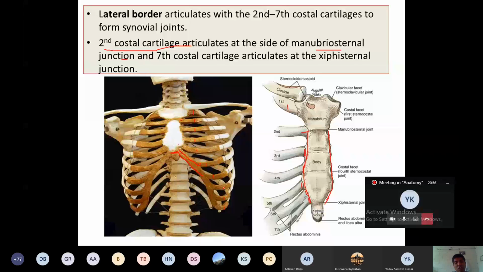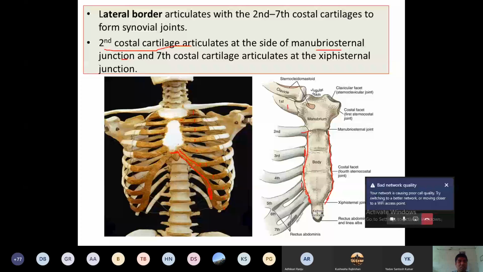This is known as the costal margin, and this will go and articulate with the 7th rib. With the help of the 7th rib, these ribs are also related to the sternum. Directly, only up to the seventh rib are the ribs articulating with the sternum.